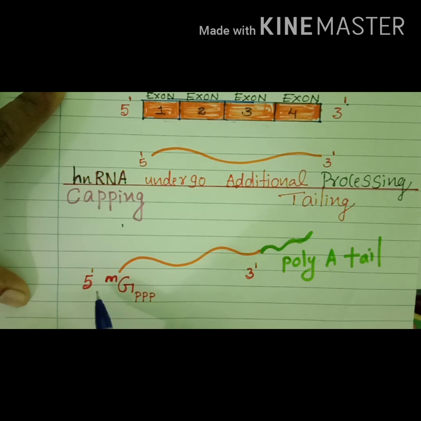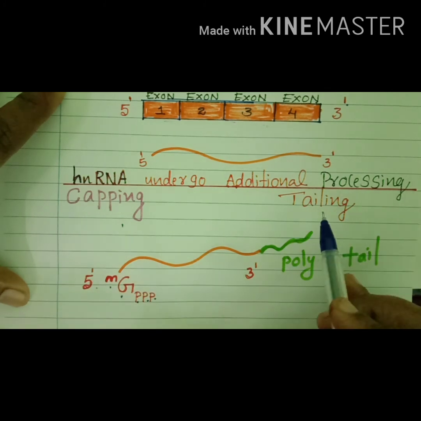Onto the 5' end of the newly formed hnRNA, methyl guanosine triphosphate is added, the starting portion of the hnRNA. That process is called capping. The cap is placed onto the head portion, that is the 5' end.